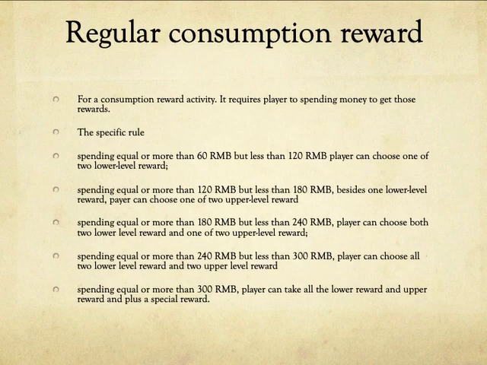And for the final level item it was 20 RMB. So the total value of the 5 items is 50 RMB, for the players who spend 300 RMB in the month.